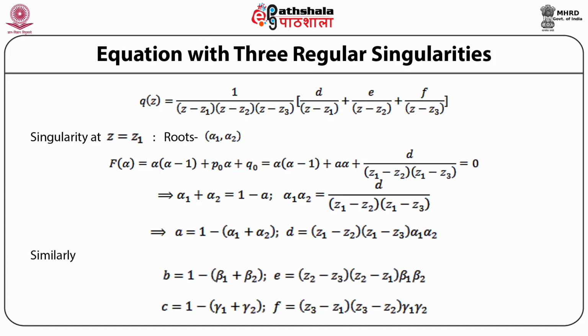Similarly, for the other two regular singularities z2 and z3, if the exponents are beta 1, beta 2 and gamma 1, gamma 2 respectively, then we obtain b is equal to 1 minus, within the brackets, beta 1 plus beta 2. c is equal to 1 minus, within the brackets, gamma 1 plus gamma 2. e is equal to (z2 - z3)(z2 - z1) beta 1 beta 2. f is equal to (z3 - z1)(z3 - z2) gamma 1 gamma 2.